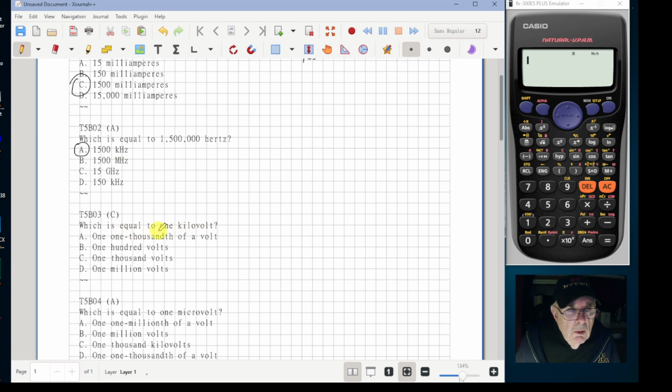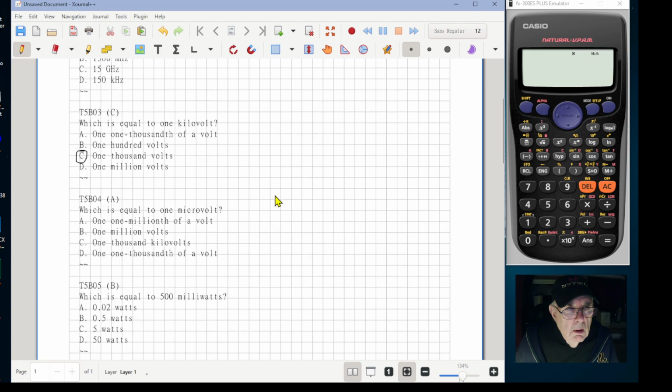Okay, which is equal to 1 kilovolt? How much is a kilovolt? That's 1000 volts. So let's look for that, and that's one of the answers, and that indeed is C. Okay, and problem 4, what's equal to 1 microvolt?